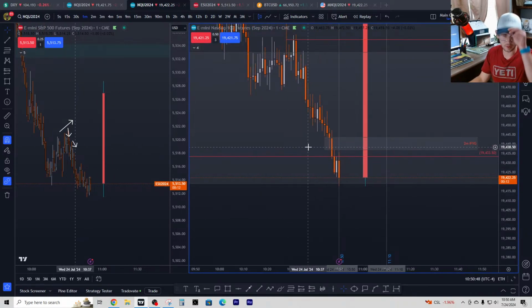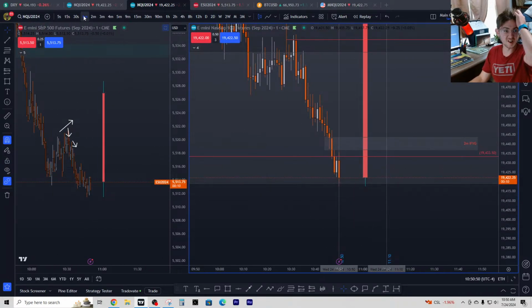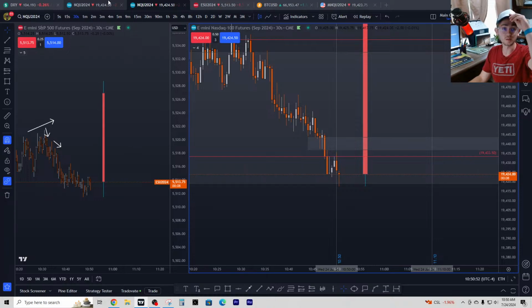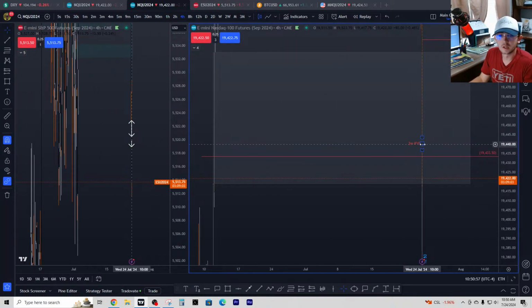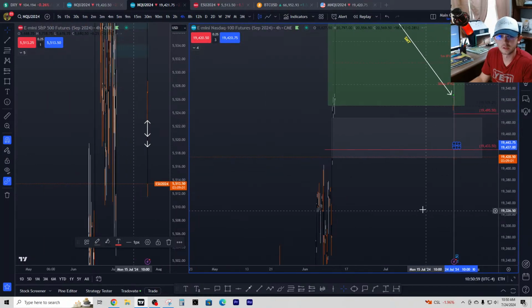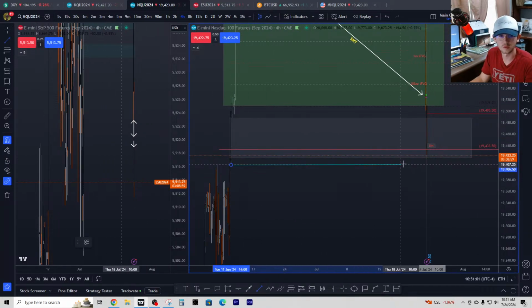So let's see if we get something in this macro now. We have a lower low now being sent in here. Been selling off quite a bit. So let's see. Maybe we do trade into this gap, but I don't know.